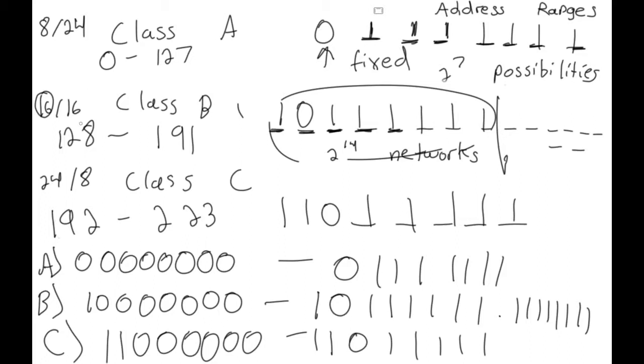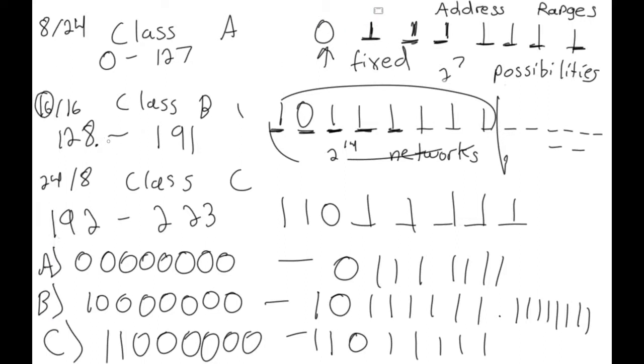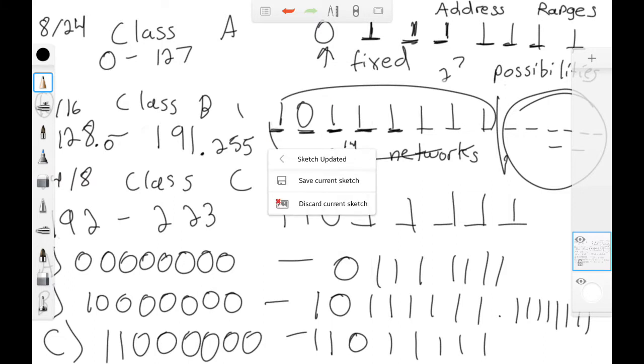So this actually can go from 128.0 to 191.255. So that means for the second number, you can go from 0 to 255. You have all of those choices, because these are all free bits to use. And then for a Class C address, you have even more of that, because you have 24 possible network choices. So hopefully that explains a little bit about how that works.